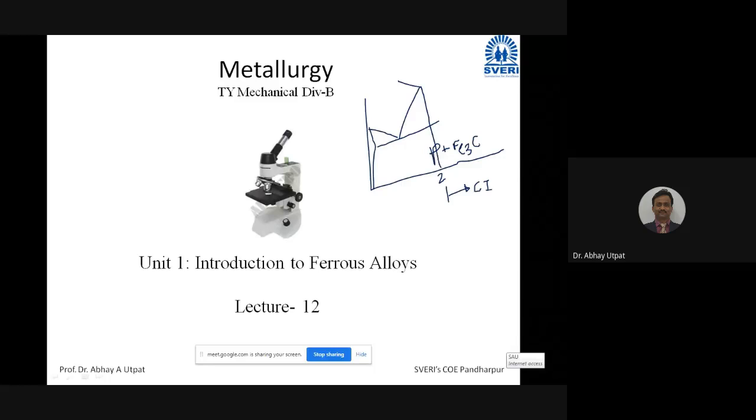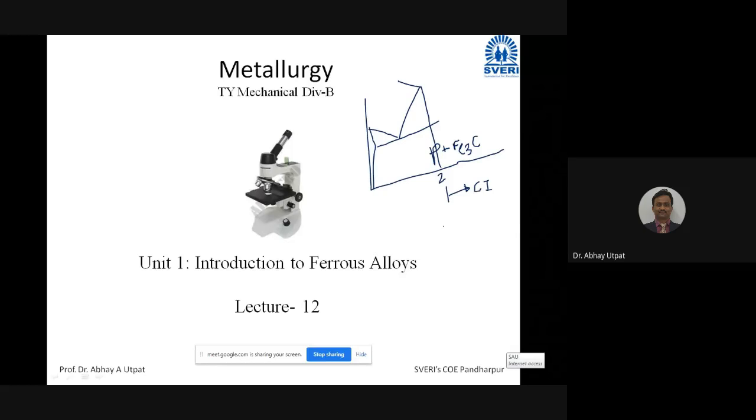Then what about grey cast iron? How can we study the grey cast iron? Any idea? Okay. So in the study of grey cast iron, there is one separate diagram called the iron graphite diagram.